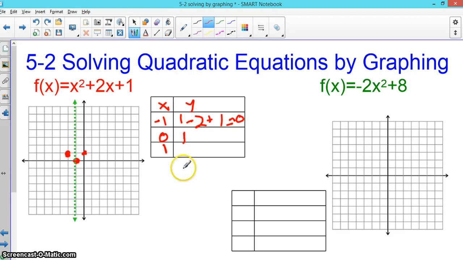So 1 squared plus 2 times 1 plus 1, so 1 plus 2 plus 1 is 4. Frustrating. 1 plus 2 plus 1 is 4. So I'm just going to write the 4. So 1, 4. And then the mirror image point is over here. So we have our parabola.